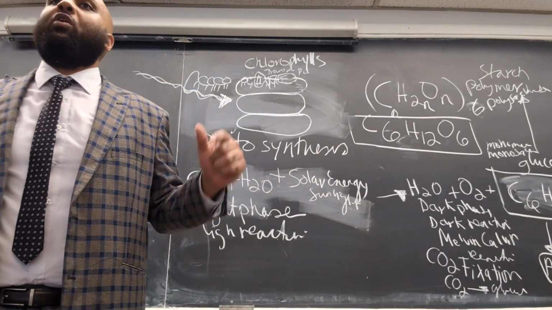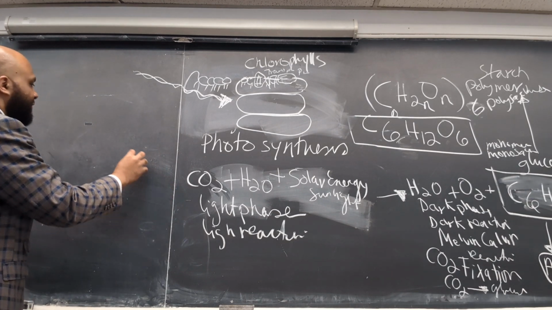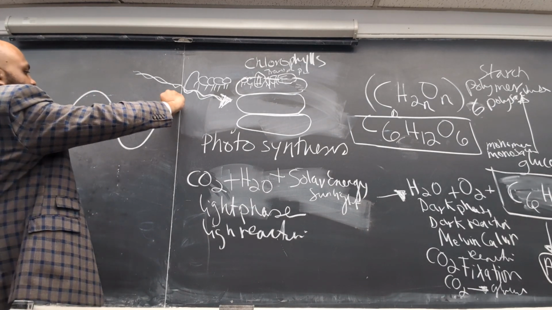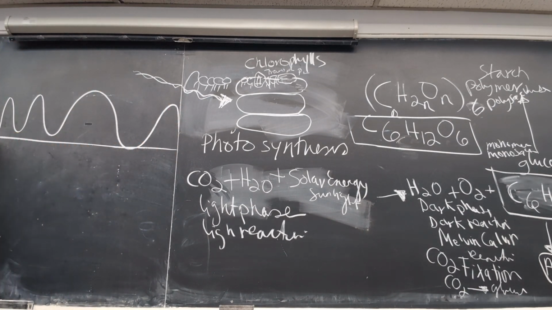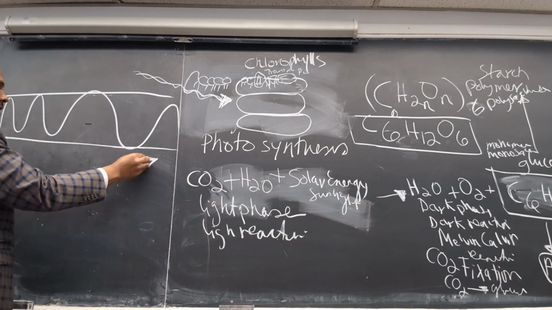Light is a mixture of many different colors, of many different wavelengths. So we have, this is our electromagnetic spectrum. There are colors that have very long wavelength.